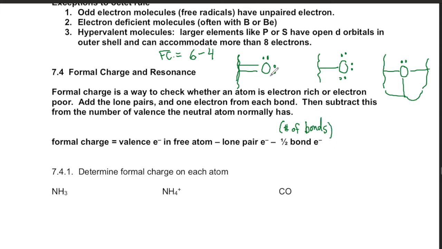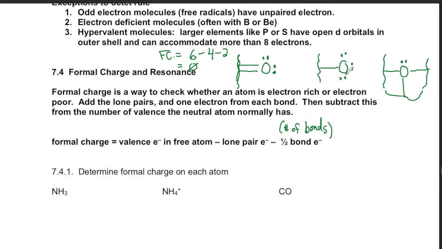So here, in this case, there are 2 bonds, so there are 4 bonding electrons. We can divide that number 4 by 2 and get 2, or we can just count the number of bonds and get 2. And the formal charge comes out to be 0, which means that oxygen is sort of neutral. It has the same 6 electrons that it brought. It's still using them.